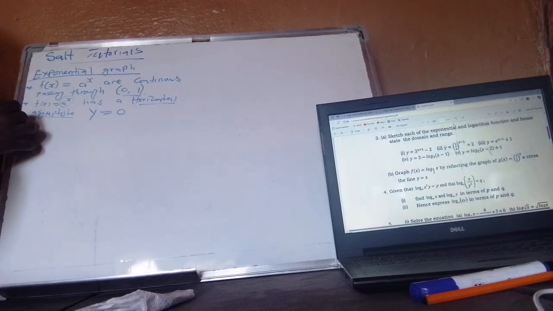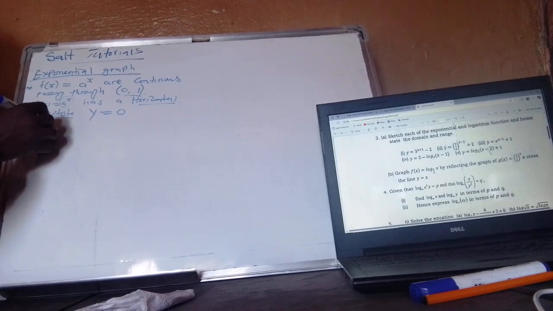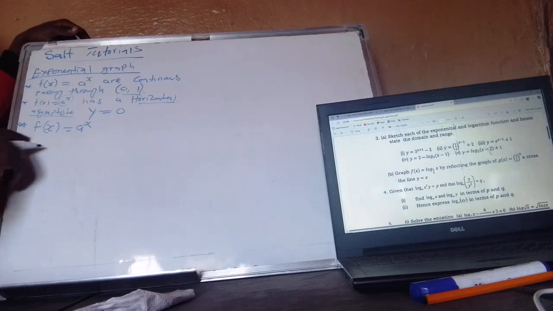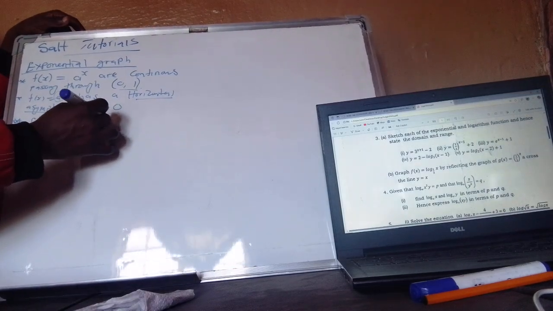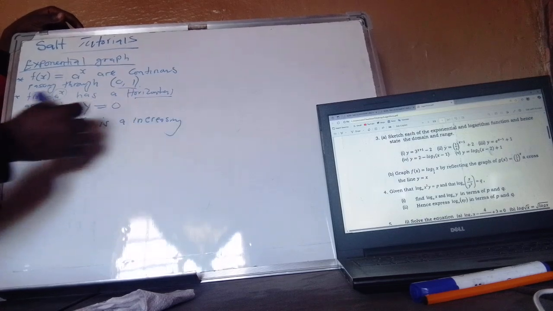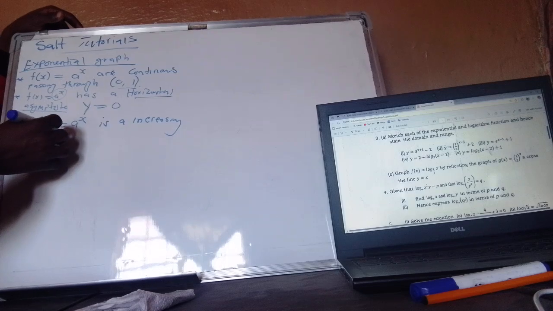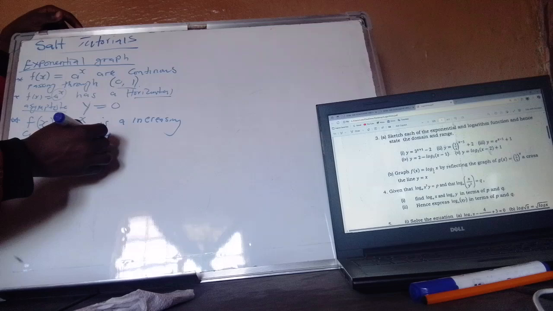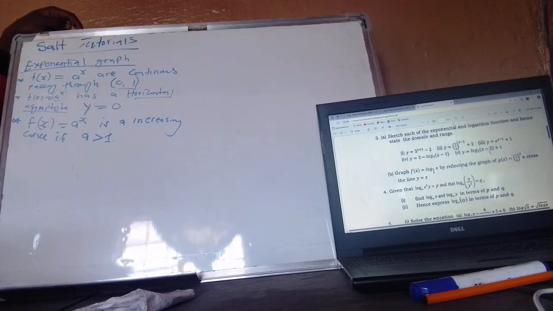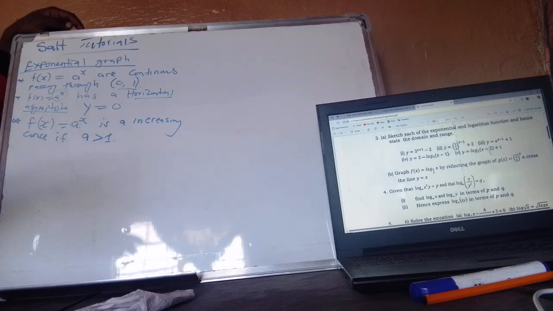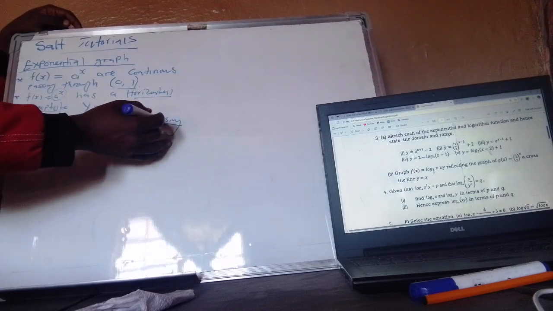Next, we have to understand that if we are looking at an exponential function f of x equal to a power x, this function is an increasing curve if the a is greater than 1. So basically, if maybe I have 2 power x, 4 power x, 5 power x, 3 power x, anything, as long as this a, which is my base, is greater than 1, I am expecting to have an increasing curve.